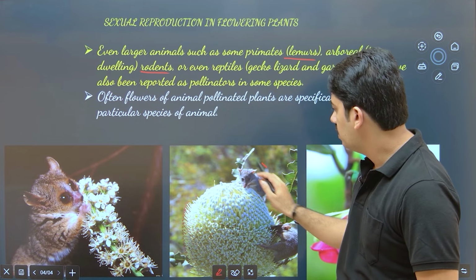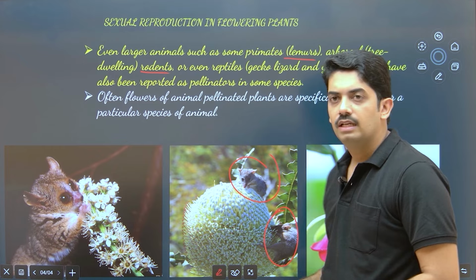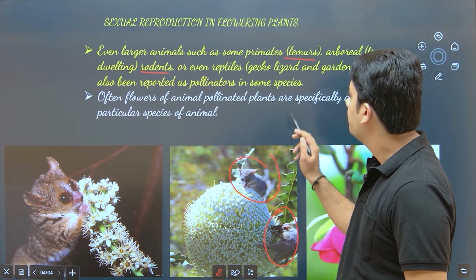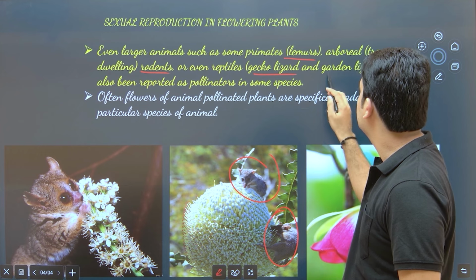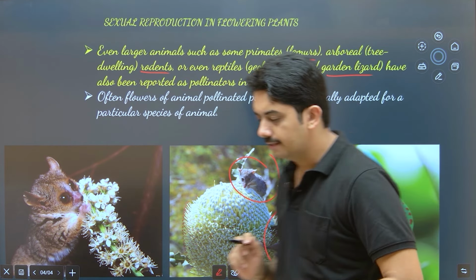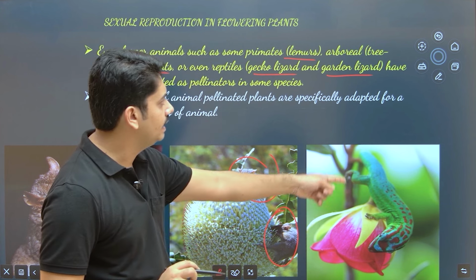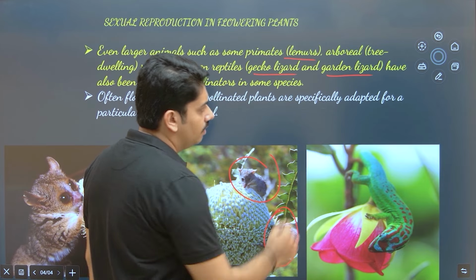Here you can see the rodents. They are pollinating this flower. And sometimes lizards like gecko lizards and garden lizards. Garden lizards are very common, but observe this gecko lizard. It's a gecko lizard that also sometimes undertakes pollination.